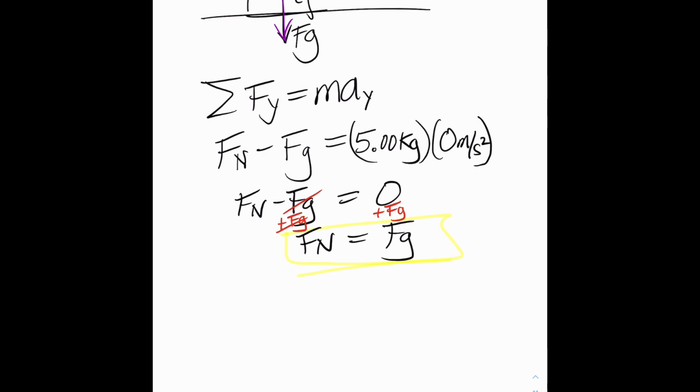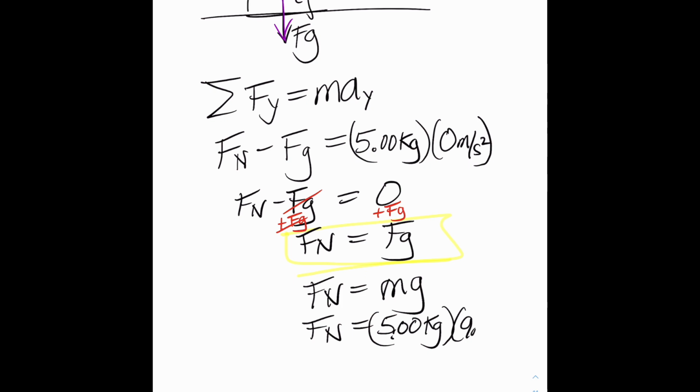So we can go ahead and solve that. Just go a little bit further there. Obviously, Fg is mg. So Fn then is going to equal mg. And Fn is equal to the 5.00 kg times 9.81.